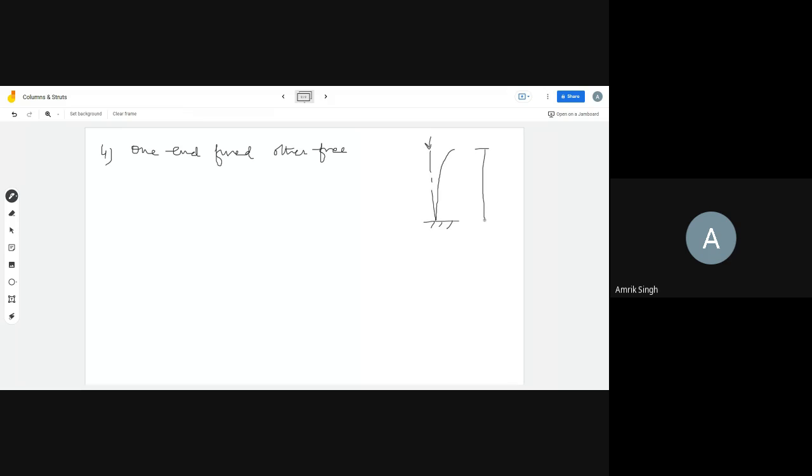In this case, it is L, length of the column, and the imaginary side will be this. So this side also it will be L, and this will be the LE.